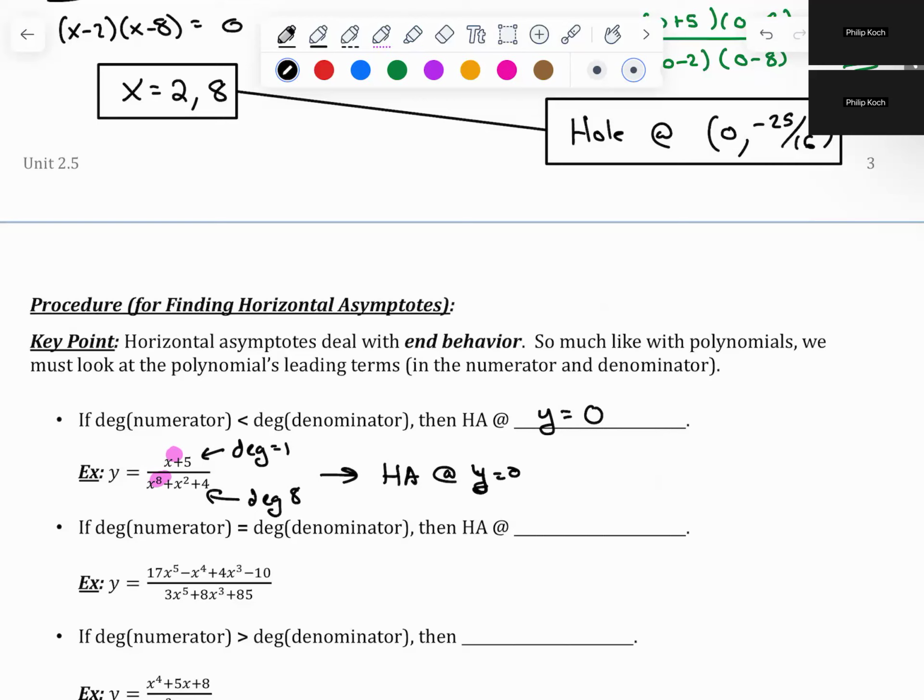If the degree of the numerator and the degree of the denominator are the same, then there is a horizontal asymptote at y equals, quote unquote, the ratio of leading coefficients.